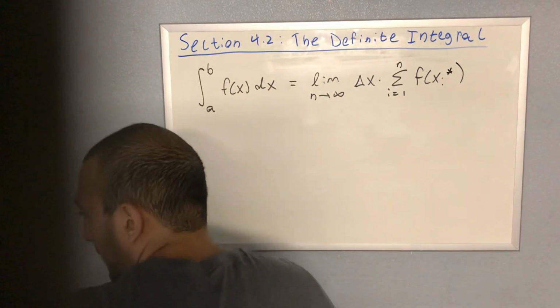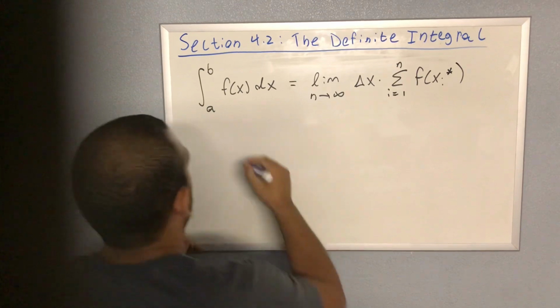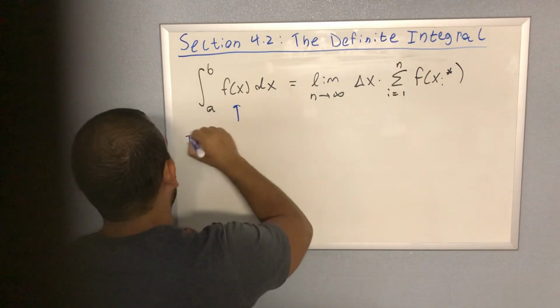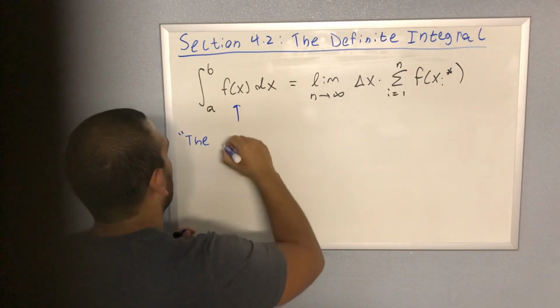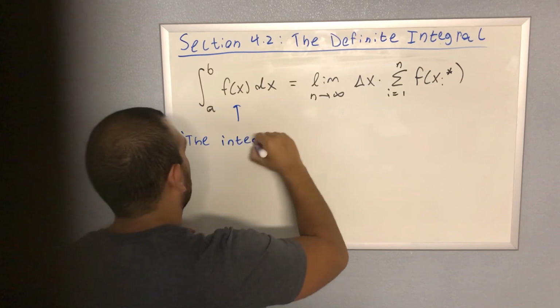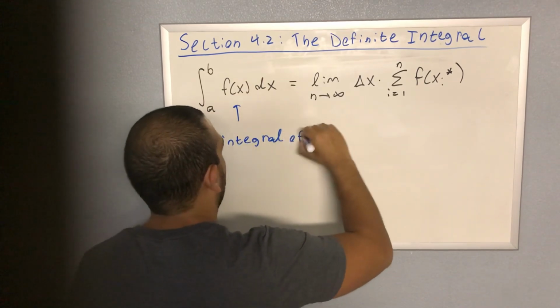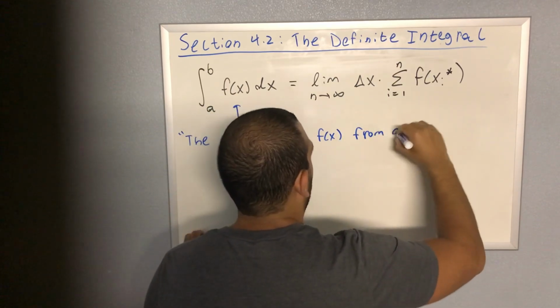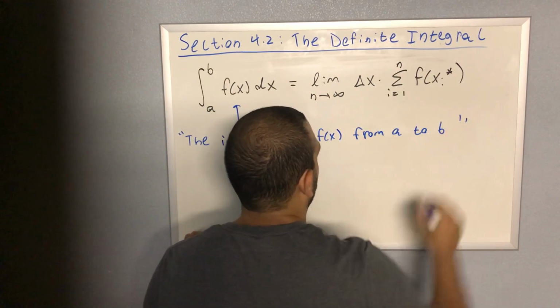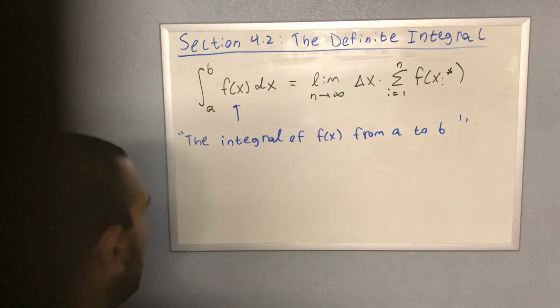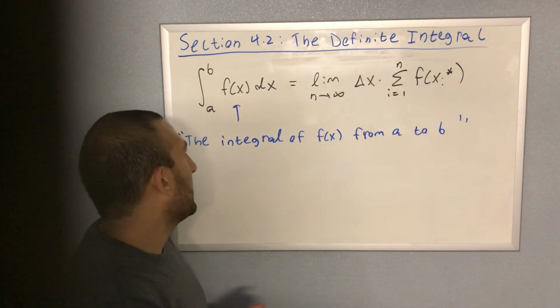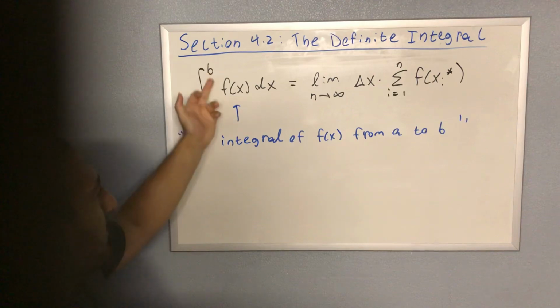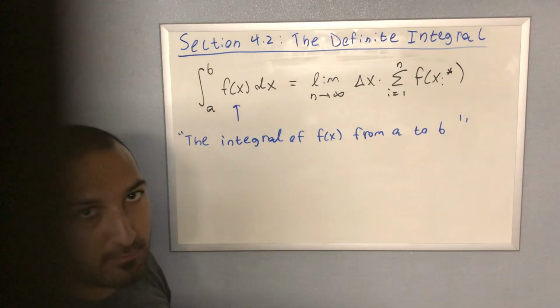So this is how you read this: the integral, so in quotes, the integral of f of x from a to b. And remember what a and b had to do in the context of what we were doing.